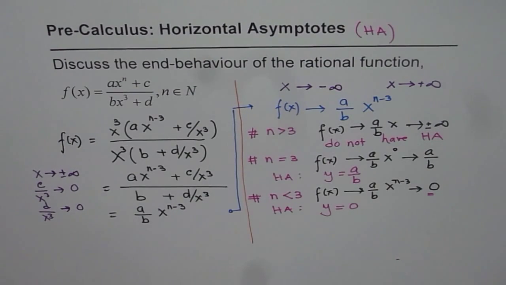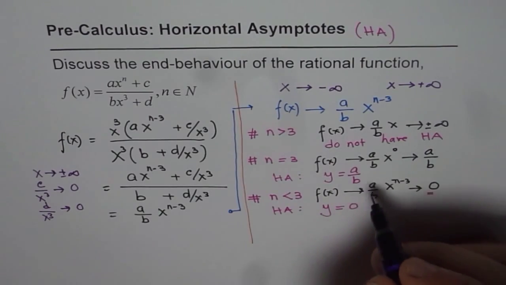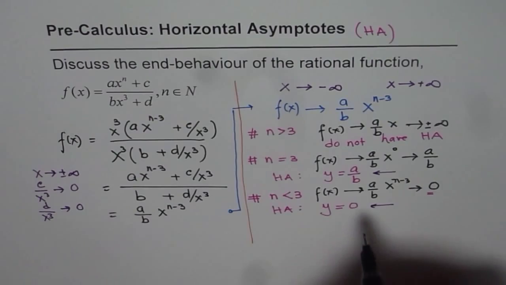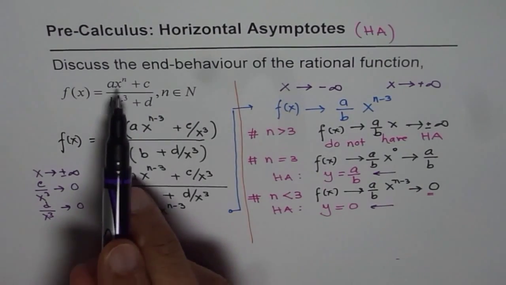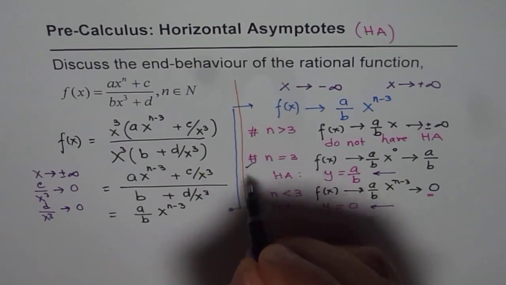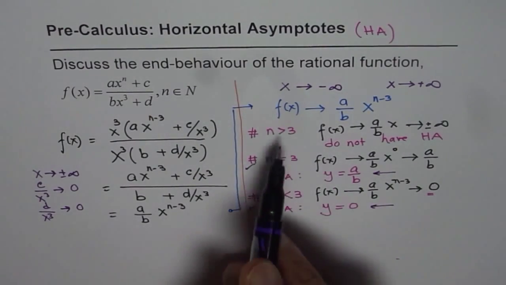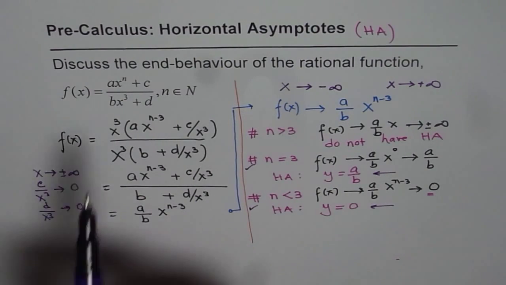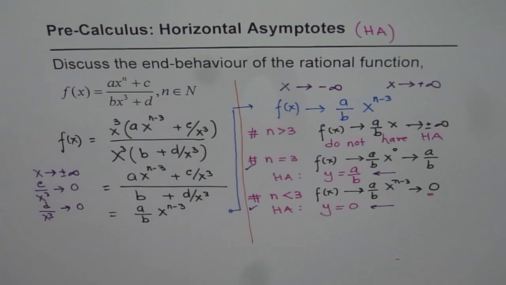So in all these cases we have seen, if n is less than 3 or equal to 3, we'll have a horizontal asymptote. These two cases. But if n is greater than 3, we'll not have a horizontal asymptote. So in general, for any rational function of the given form, if the numerator degree is higher than the denominator degree, a horizontal asymptote will not exist.